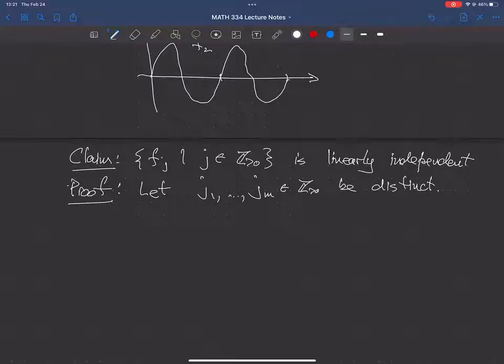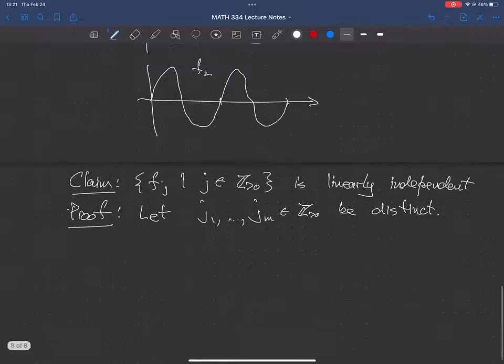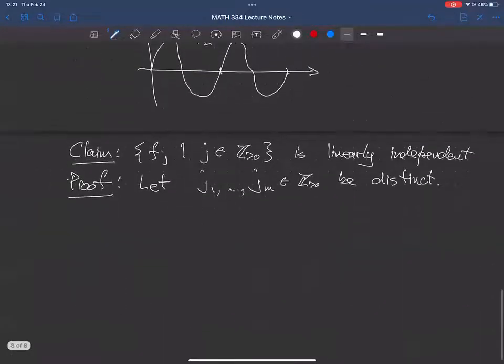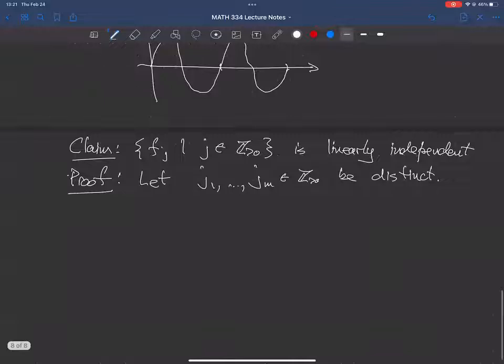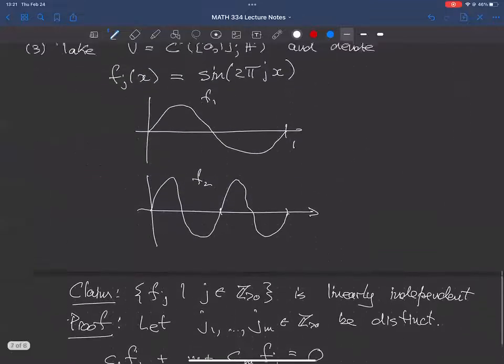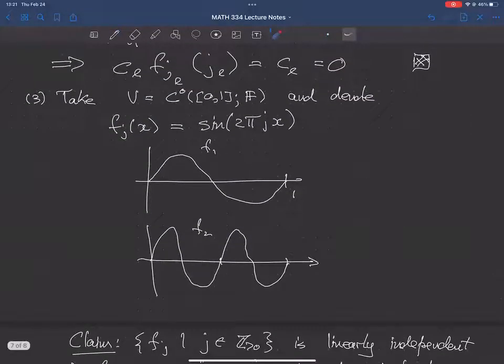Okay, so then I'm going to write a linear combination of these sine functions and set it equal to 0. So I'm going to go c1 f_j1 plus ... cm f_jm is equal to 0. Okay, with these f's.